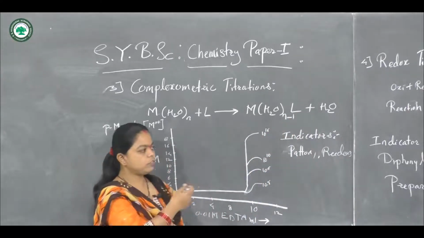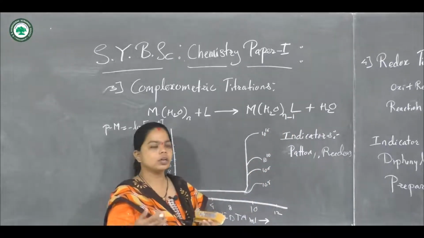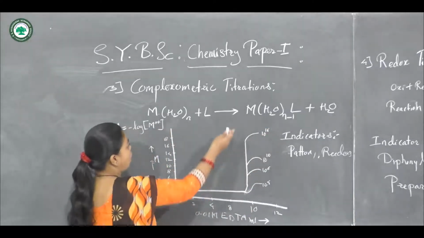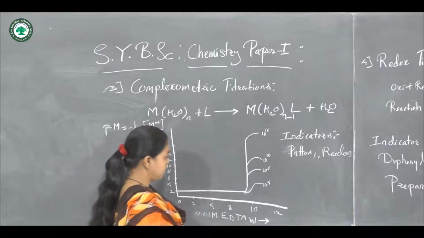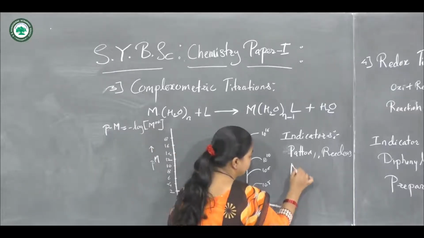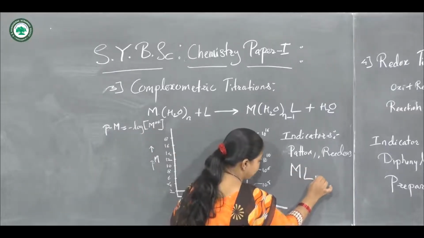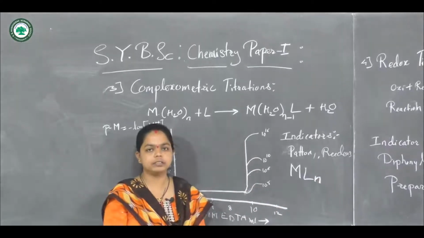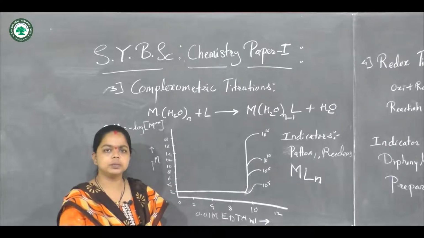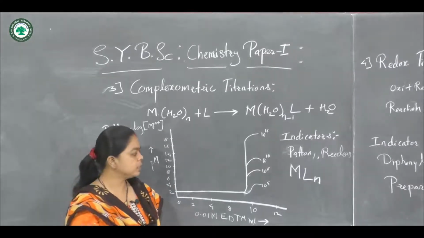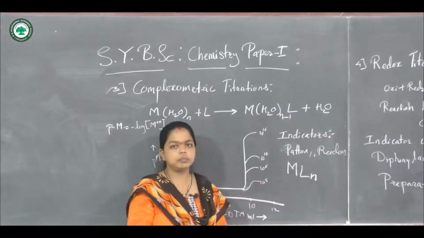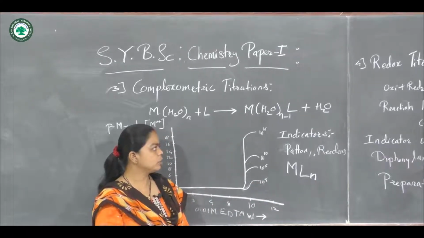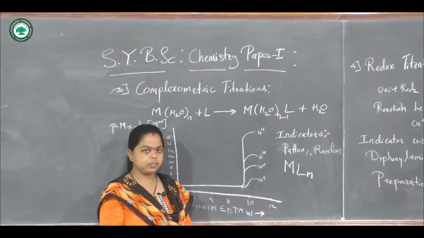In this way this process may continue, replacing all the H2O molecules by the ligands. So what we are getting is MLn. Whatever the valency of the metal ion, depending upon that, n number of ligands will replace the H2O molecules by the stable ligand.